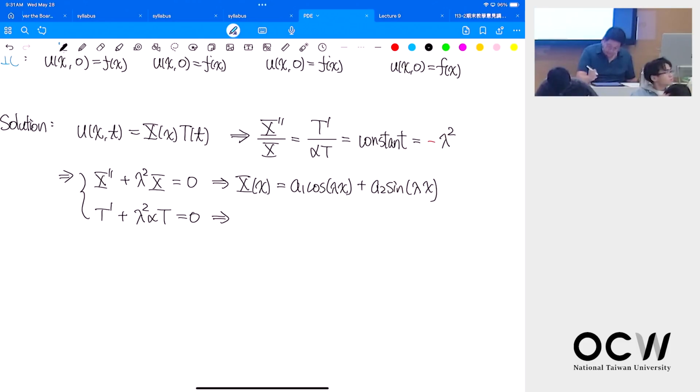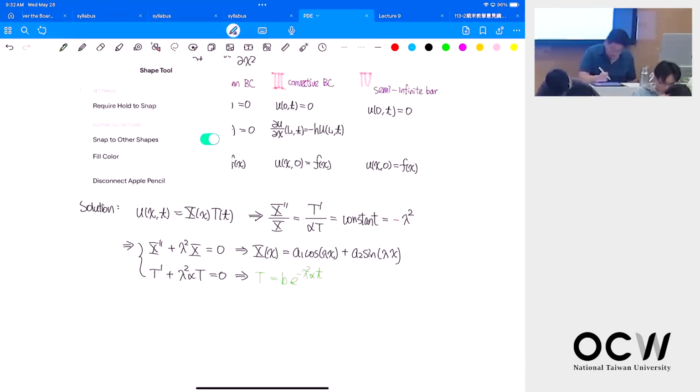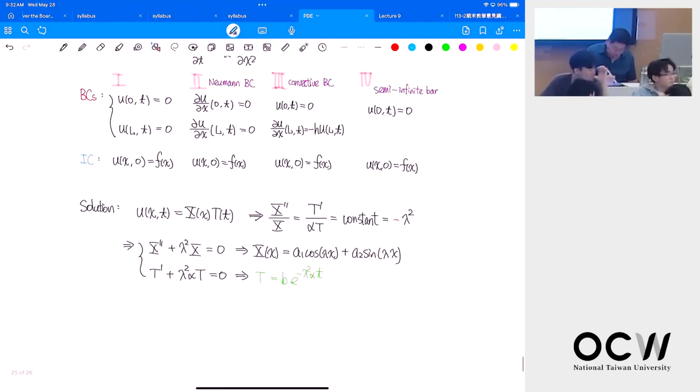And for the temperature will be a coefficient times exponential. So this is our solution.